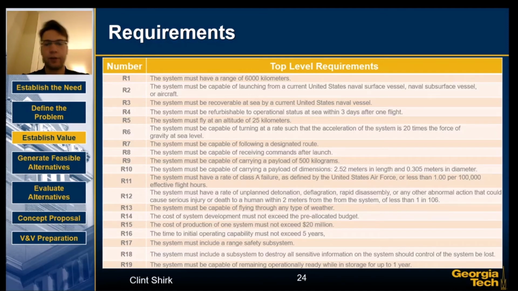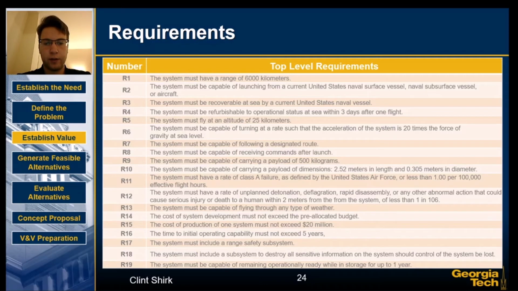Next, we have recoverable at sea and refurbishable at sea. We're going to be able to recover, refurbish, and launch this vehicle anywhere in the world by naval vessel. This is going to be a huge advantage over many other vehicles of this type.